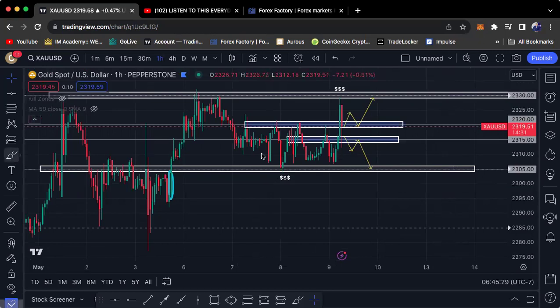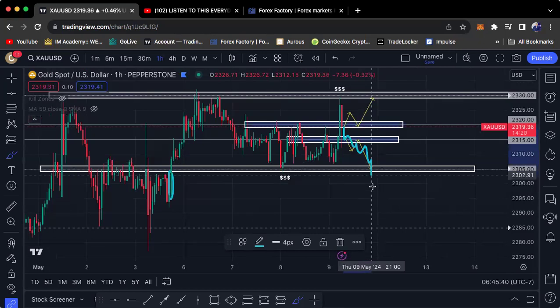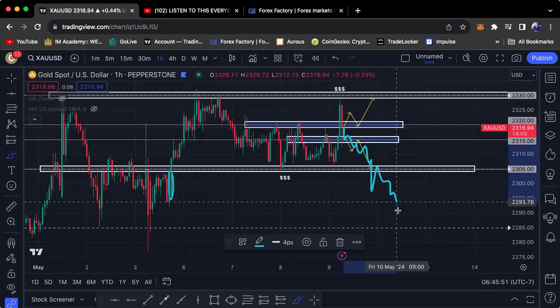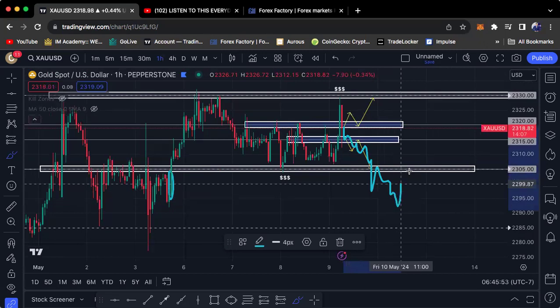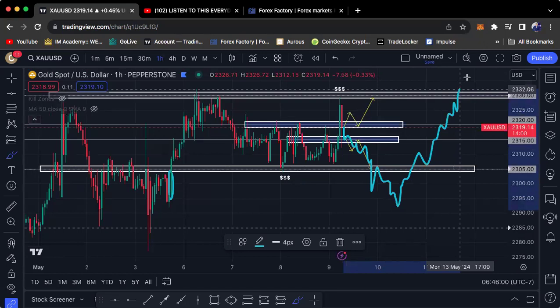May do something like this. Down, boom, retest, break of structure, retest, down, boom, liquidate, retest, 2295, boom, retest, break of structure, retest, and then buy.